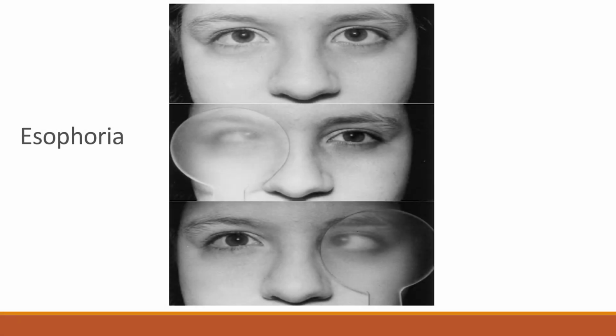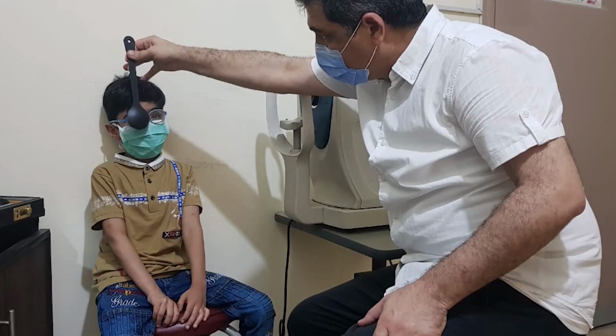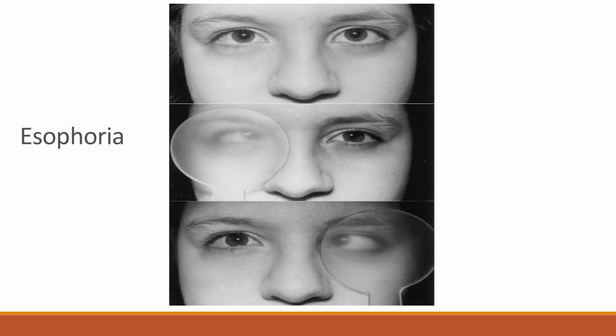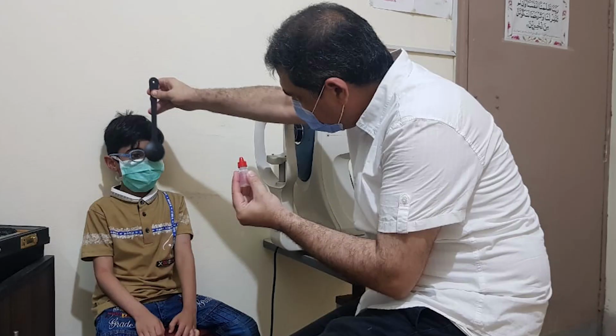Look at the picture in this slide. We have a straight eye at the primary position, but if you cover one eye, the undercover eye deviates and relaxes. So when we cover, we break the fusion of this patient, and the undercover eye gets deviated.